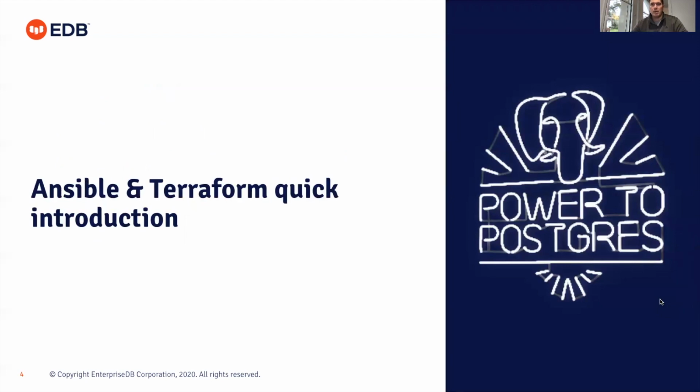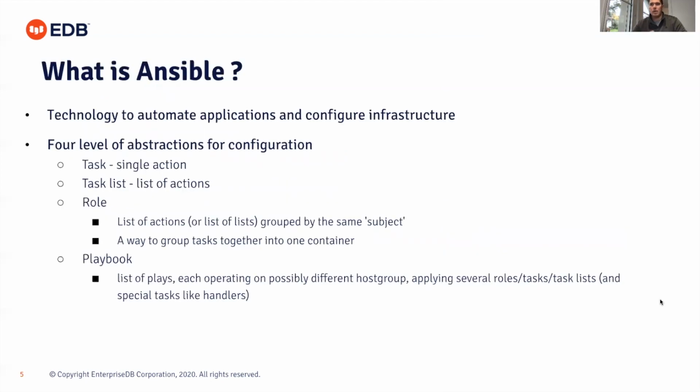About Ansible and Terraform. Ansible is a technology to automate applications and configure infrastructure. There are 4 levels of abstraction for configuration. The first one is the task level, which is a single action. We have the task list level, which is a list of actions.